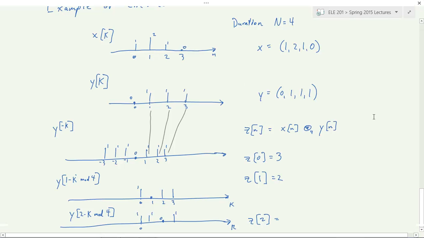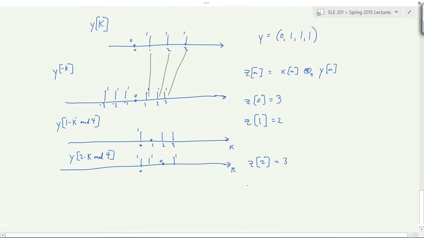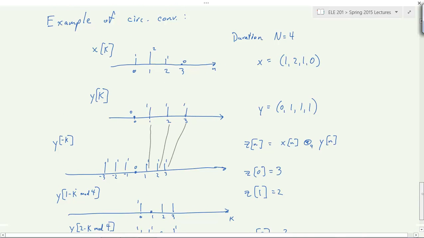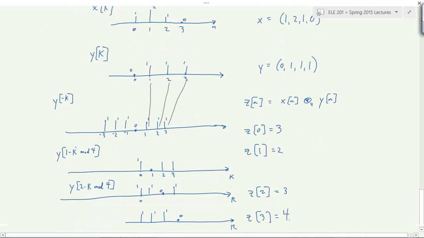So we get 3 again. And then we just have one more to calculate, z[3]. It's going to be 1, 1, 1, 0. So now we sum up 1, 2, and 1. So we get 4.